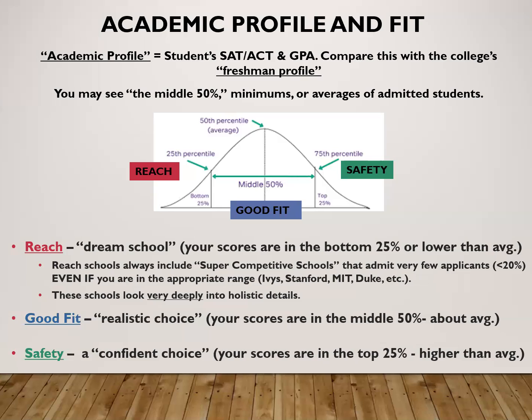These are going to be reach schools for everybody because they don't just look at those academics by any means. I mean, those are kind of assumed. They really go into the holistic details very deeply. And so those are never going to be a guarantee for just about anybody, okay? So just make sure that you're categorizing those and really being realistic about maybe the percentage of people who get into those colleges. Be very aware of that.